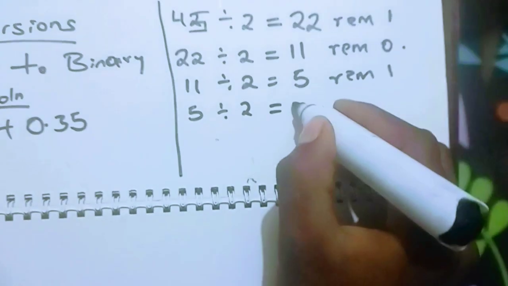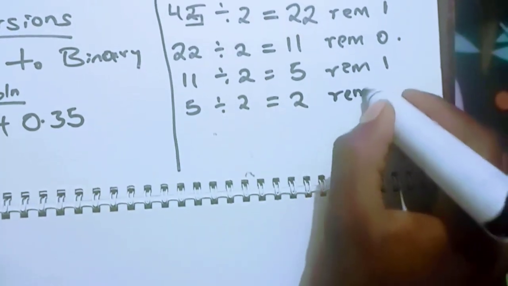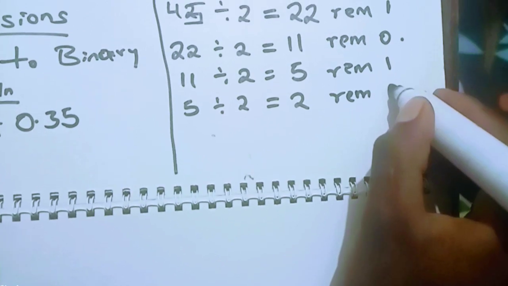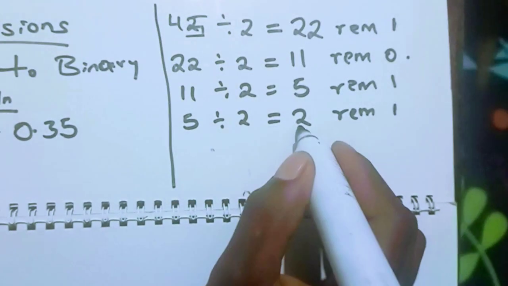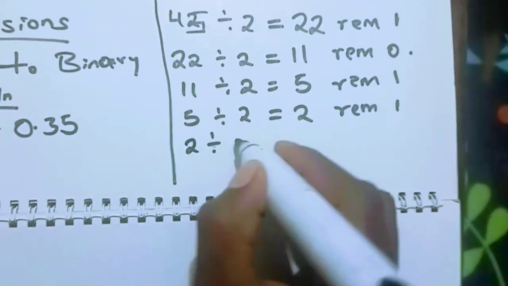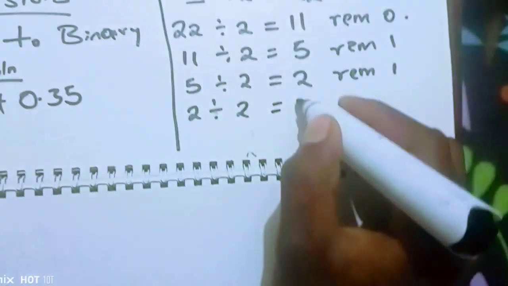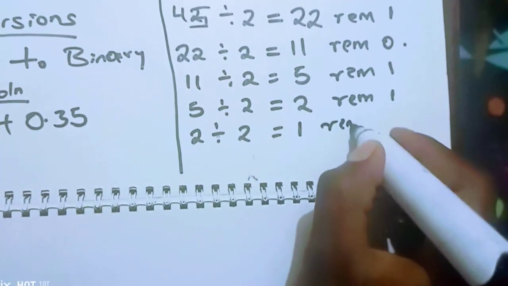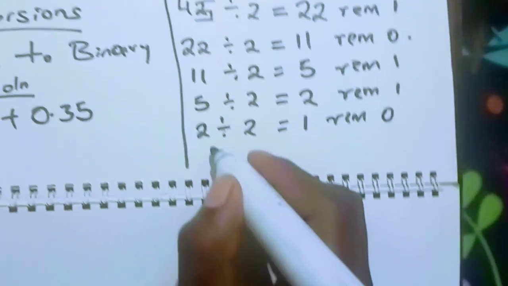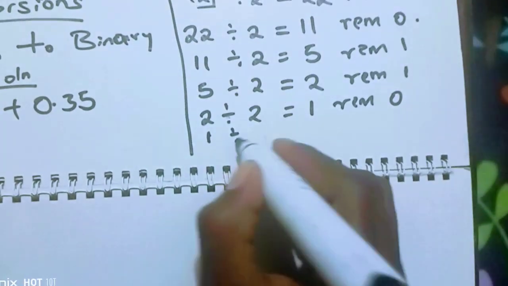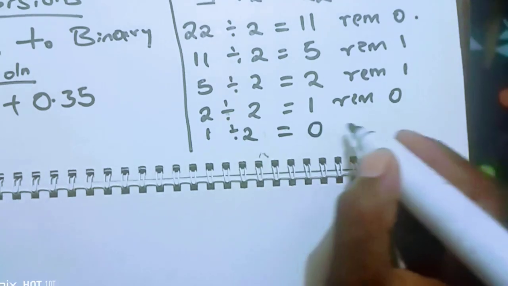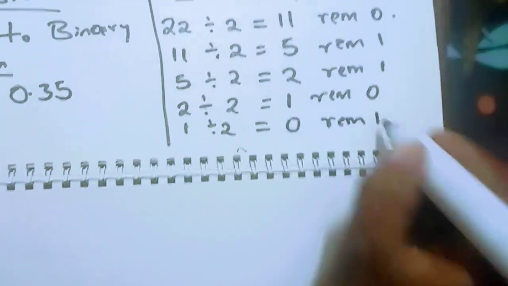You'll get 2 with a remainder of 1. Take the 2 again, divide it by 2. You'll get 1 with a remainder of 0. Take the final one, divide it by 2. You'll get 0 with a remainder of 1.